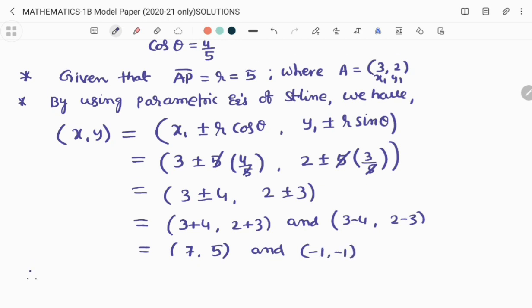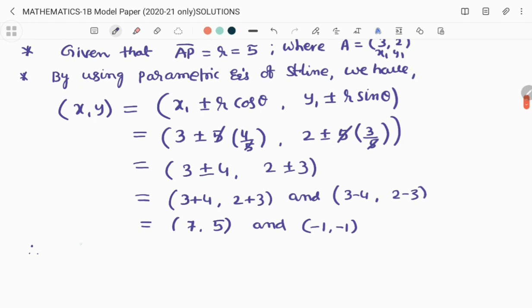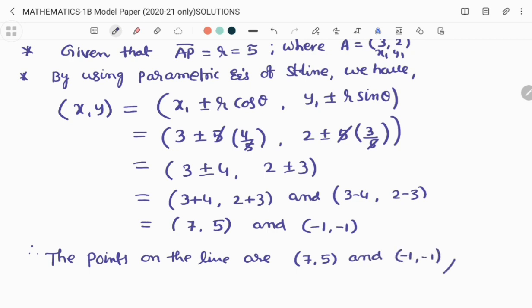Therefore, the points on the line are 7 comma 5 and minus 1 comma minus 1. That's all. We will move to the next question.